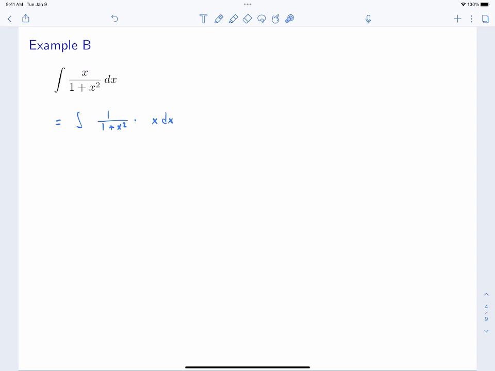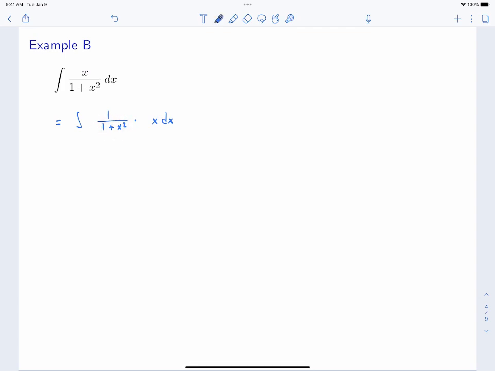The reason I want to do this is that I'm looking at this 1 over 1 plus x squared, and this is a composition. I'm dividing by a function, so I want to use substitution where the inside function is the thing inside the denominator, so 1 plus x squared.